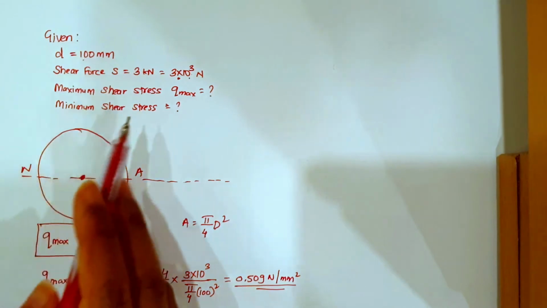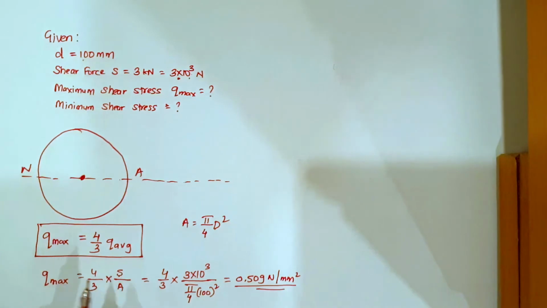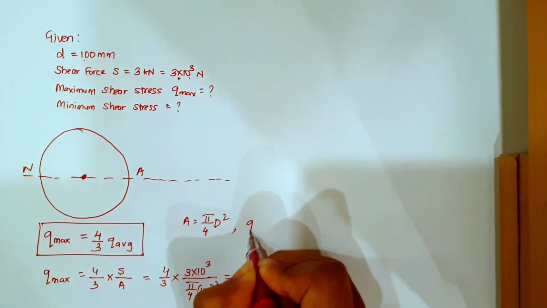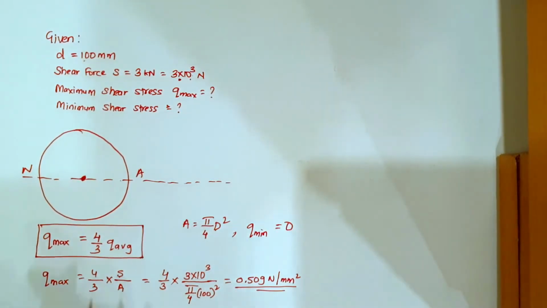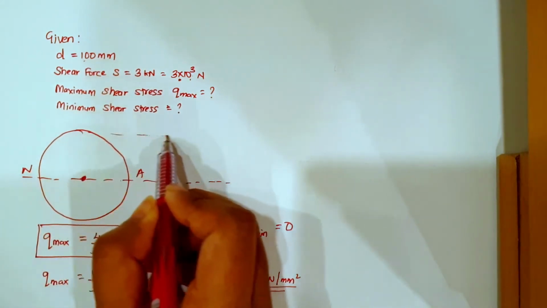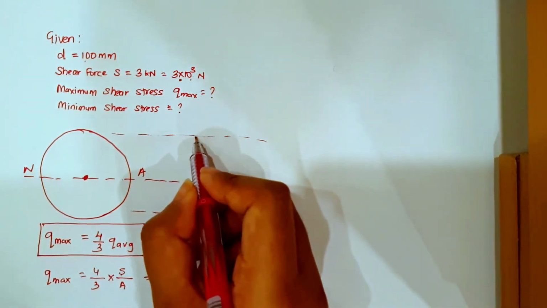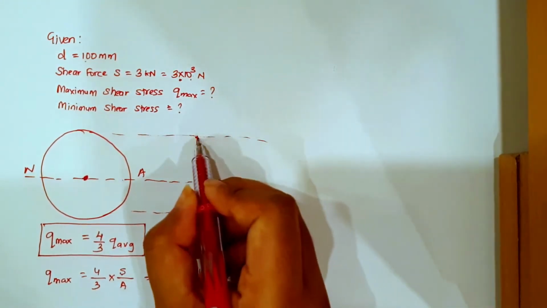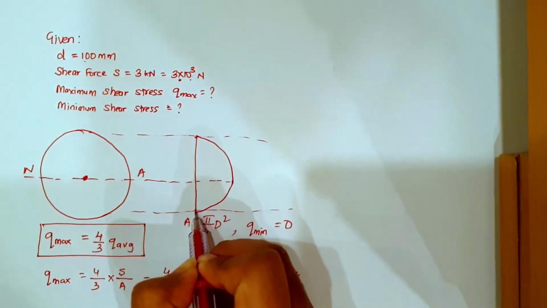Now next we have to find Q minimum. For a circular section, Q minimum will be 0. So we don't need to calculate anything, it will be 0. Now let us draw the shear stress distribution diagram. It will be maximum here and then come to minimum.